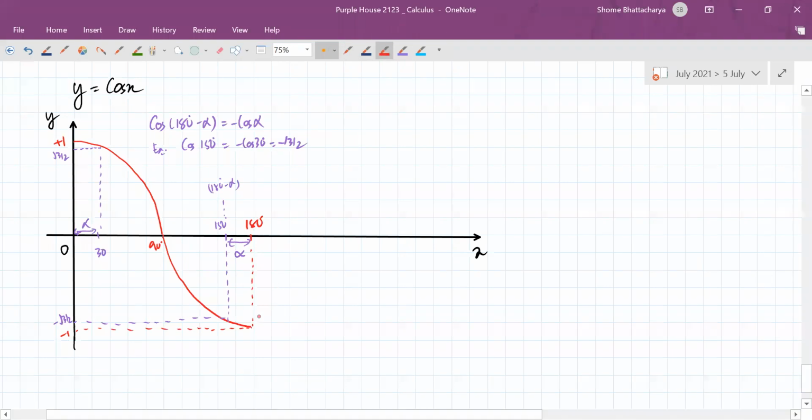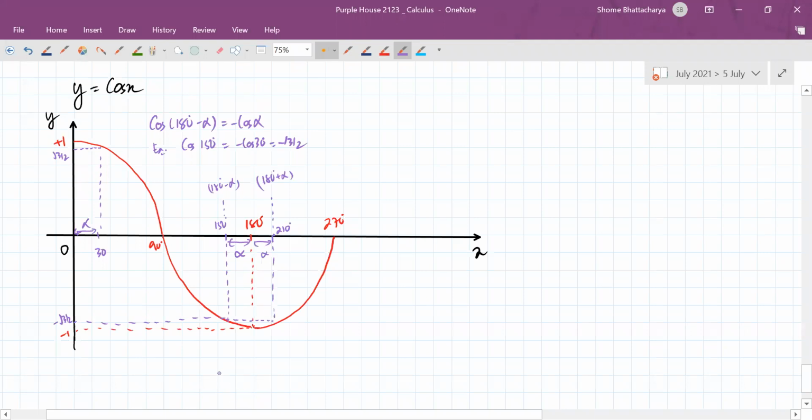Now you can also see what happens in the third quadrant. It's symmetrical to the second quadrant, but like a mirror image. So now if I take another interval of alpha of 30 over here, the value I'll reach here is how much? It will be 180 plus alpha. So in this case, that will be how much? That will be 210. Correct. So the value will be the same here.